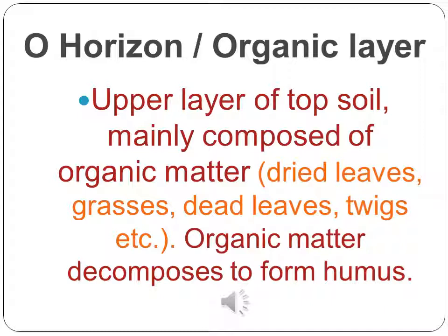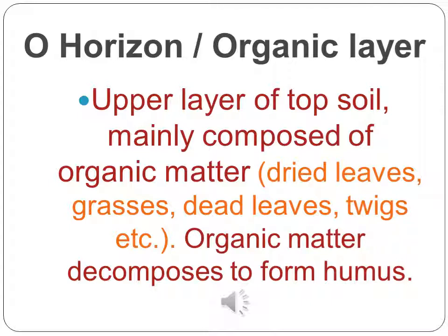So this layer is also known as humus. This horizon of soil is often black, brown or dark brown in color, and this is mainly because of the presence of organic content humus.